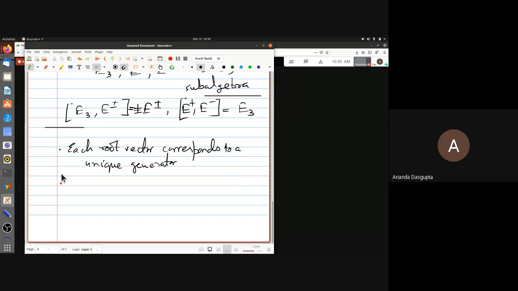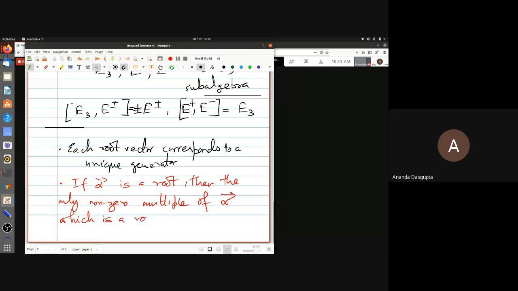Anyway, that's one result. Another result is basically, if alpha is a root, then the only non-zero multiples are... so alpha and minus alpha are the only multiple pairs. 2 alpha, 3 alpha, 1.37 alpha, these cannot be roots.